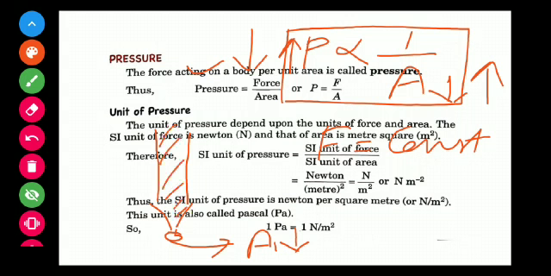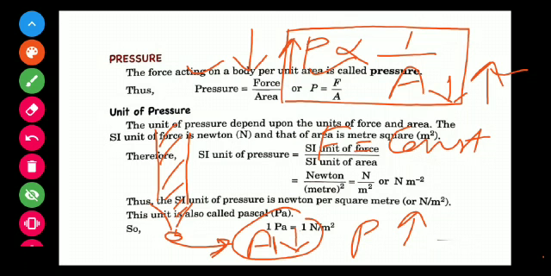The area of the tip of the pin is very small, and due to the decrease in area, there is an increase in pressure. Due to this increase in pressure, the pin easily inserts into the body.